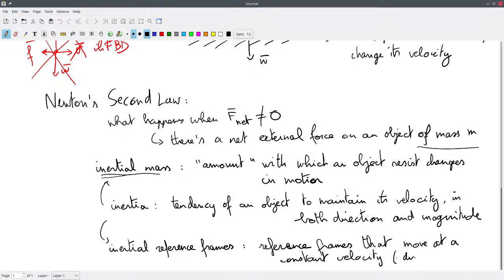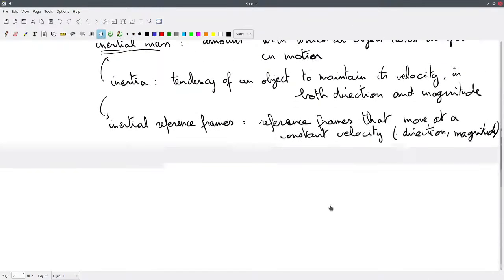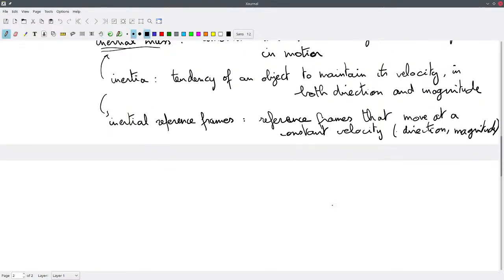Again, direction and magnitude has to be constant. So in other words, an inertial reference frame is related to Newton's first law.